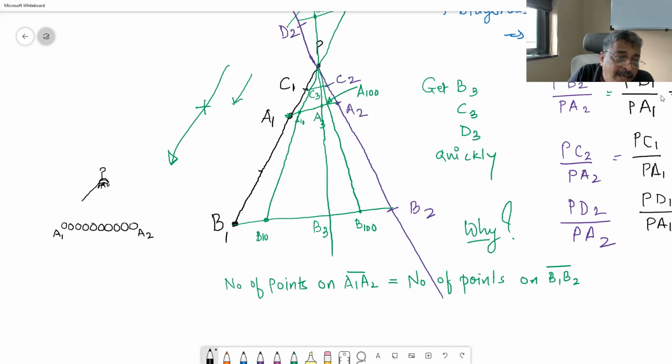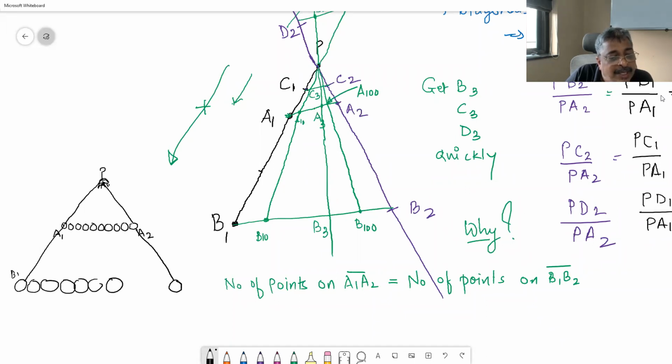So A1, A2, maybe if I make the ratio 2, will become B1, B2. A1 will become B1 and the ratio is 2, double. And therefore the table tennis ball shadow will be a lawn tennis ball. And therefore you will end up having 1, 2, 3, 4, 5, 6, 7, 8, 9 and 10. They are touching each other.